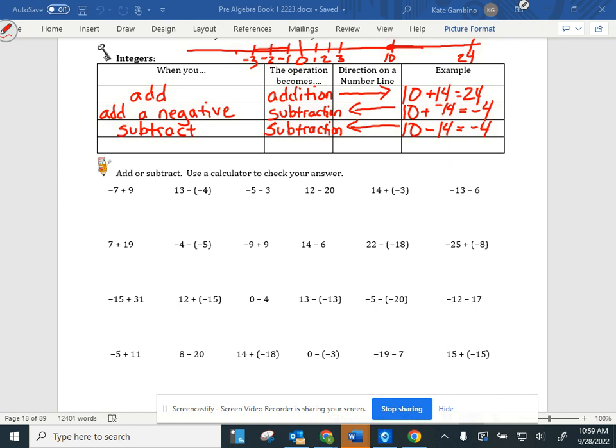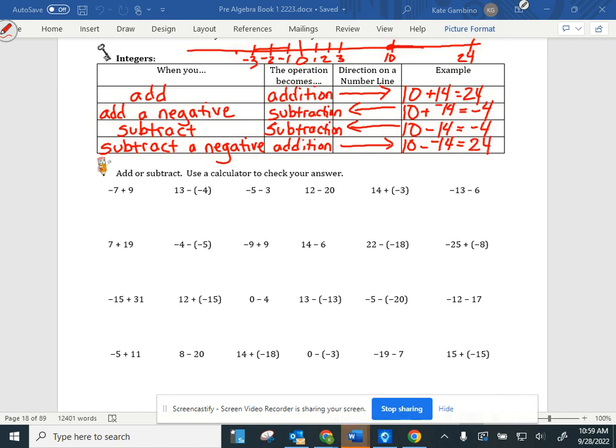Then if we subtract a negative, the operation becomes addition. So that means we're going to the right on our number line. So if we have 10 minus a negative 14, that is going to equal 24.